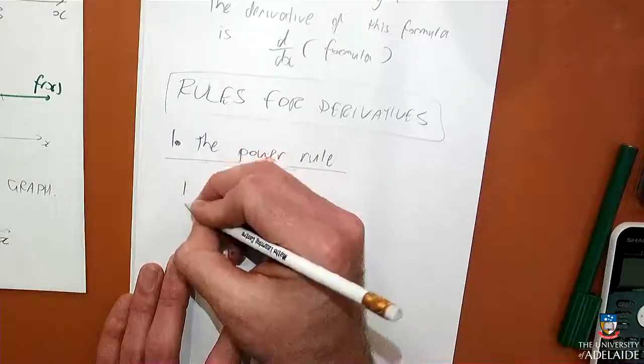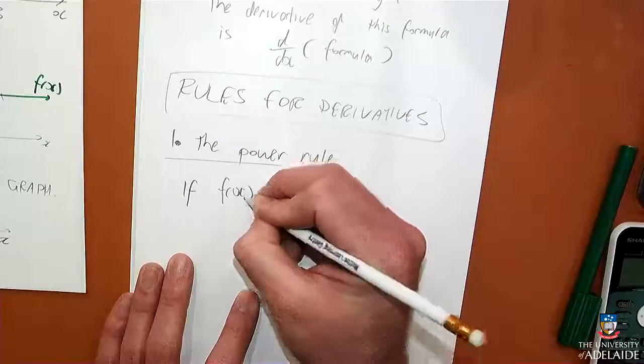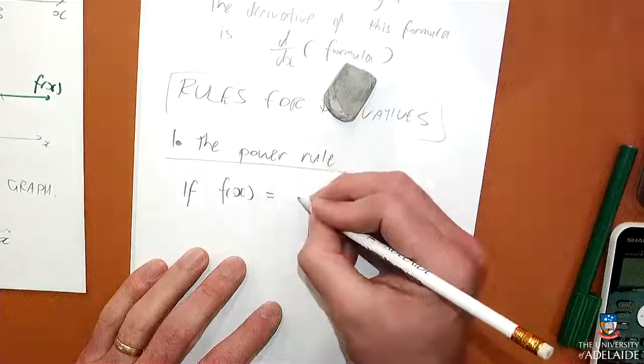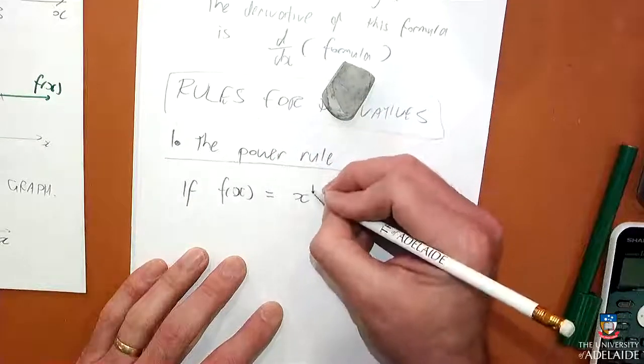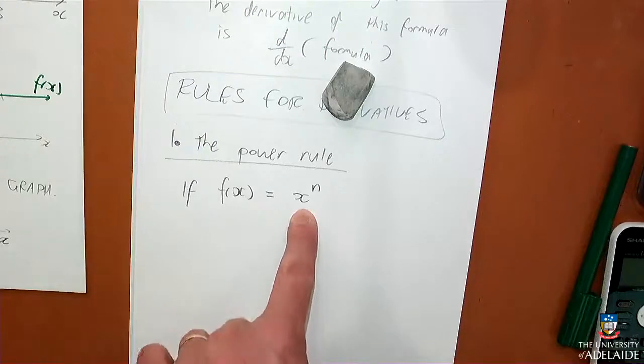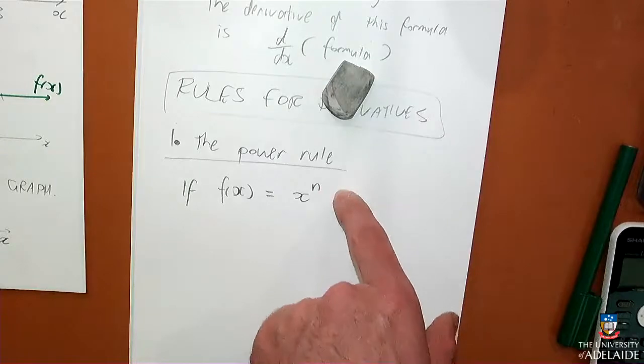So it goes, if f of x is x to the power of number. So this is literally the letter x, or whatever the variable is called. This is a constant. It doesn't change when x changes.